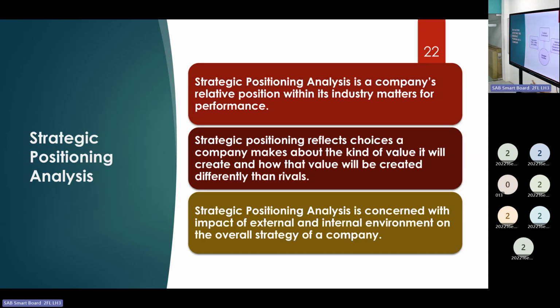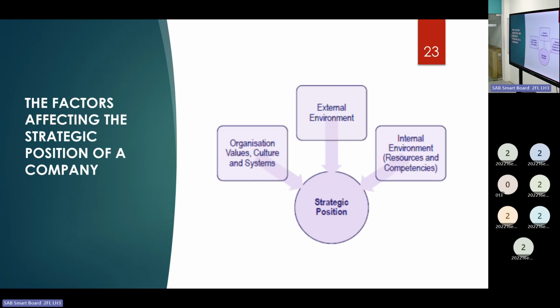So when it comes to strategic positioning analysis, the factors affecting strategic positioning are organizational value, culture and systems. If what we value is quality, then we won't position our brand as cheapest, low quality.